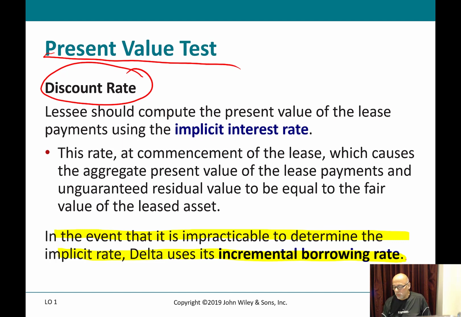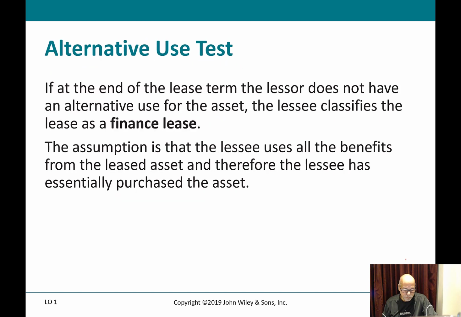So try to use the rate implicit in the lease. Many of the questions will call that out, but if they say that the lessee doesn't know that rate, then you would have to use the second rate, whatever the incremental rate is that's available to the lessee.